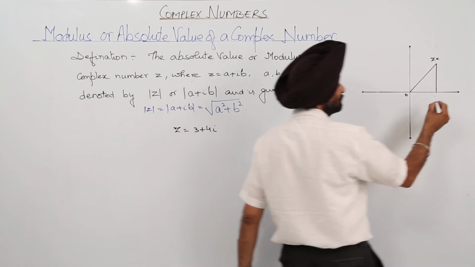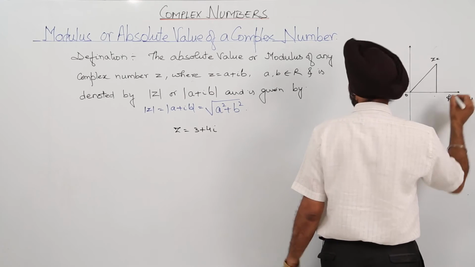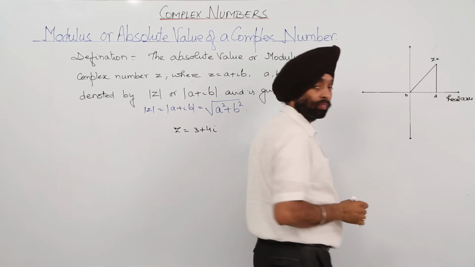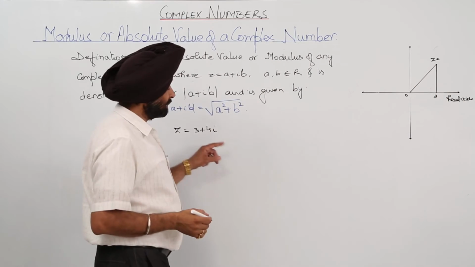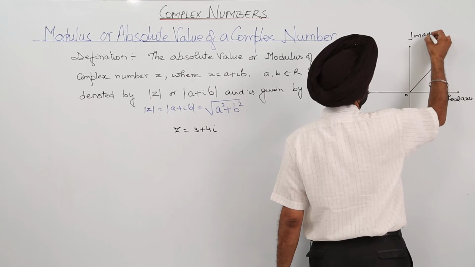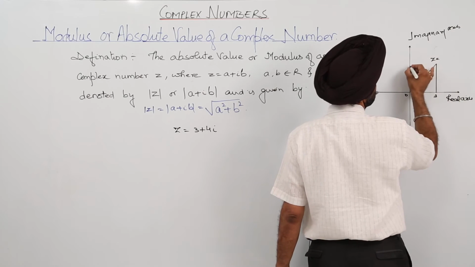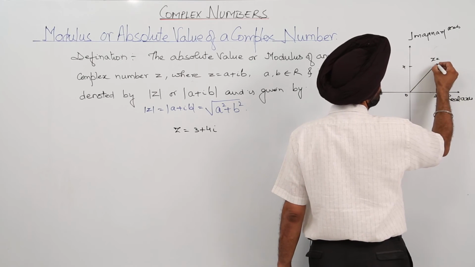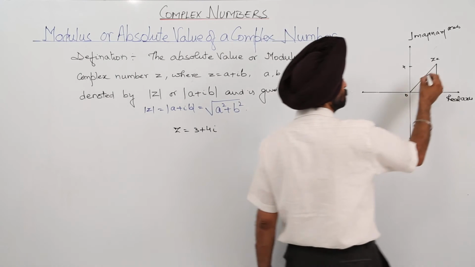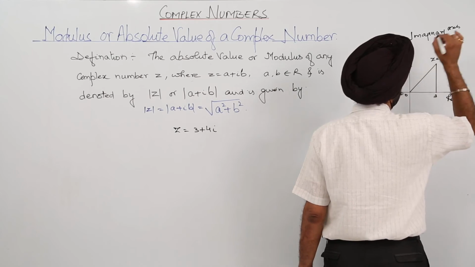This is the real axis, so on the real axis we are having 3. So this point is 3. And on the imaginary axis we are having 4. So this point represents z, that is a complex number, which is equal to 3 plus 4 iota.